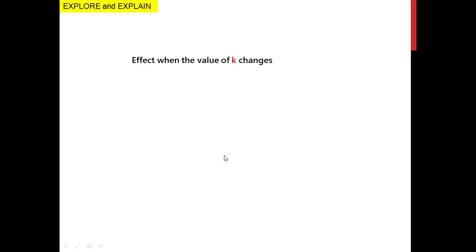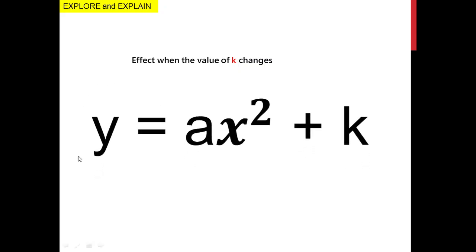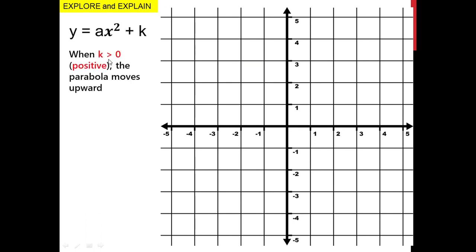Now let's try to check the effect when the value of k changes. Let's try to use this equation, y is equal to ax squared plus k. So when k is greater than 0, or when k is positive, the parabola moves upward.